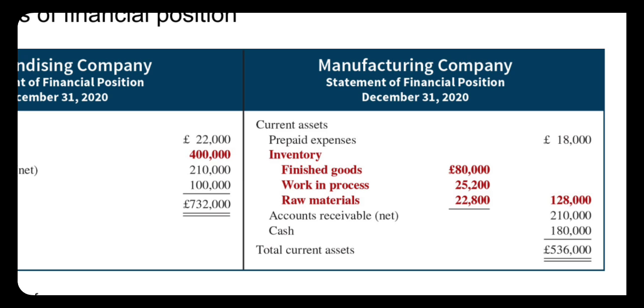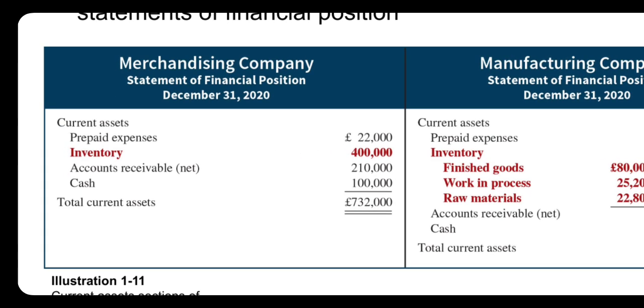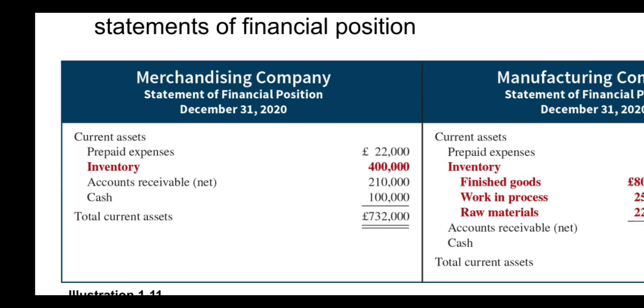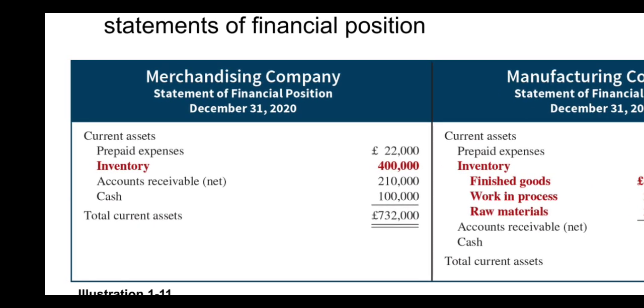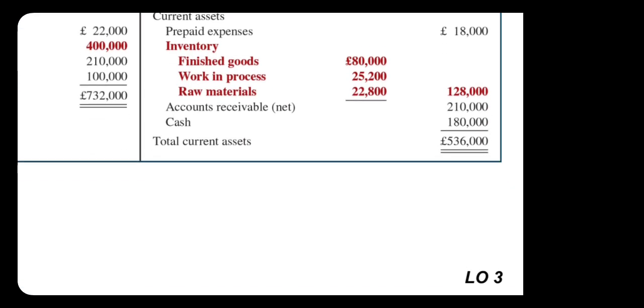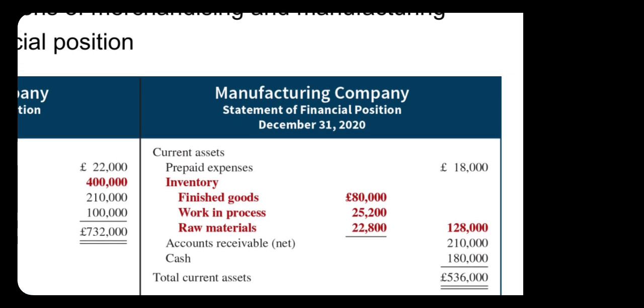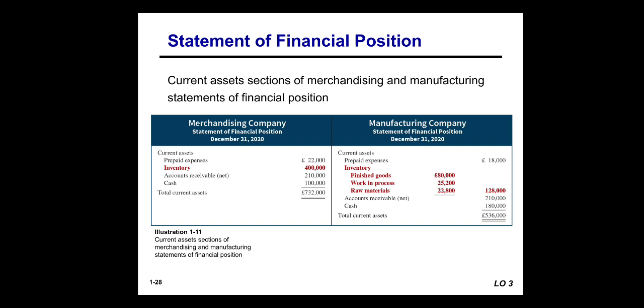If you prepare a balance sheet for a merchandising business, the inventory is only in one form, which is the finished goods inventory. But for a manufacturing business or company, it has three types of ending inventories. That's all for this topic.